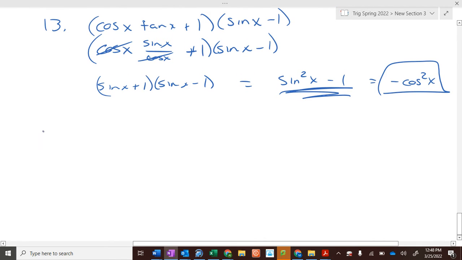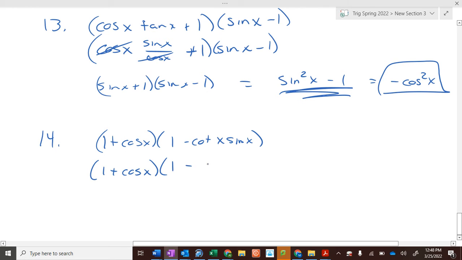Okay. 14. 1 plus cosine of x times 1 minus cotangent of x sine of x. Okay. So what's the only thing I change? Cotangent into cosine over sine.